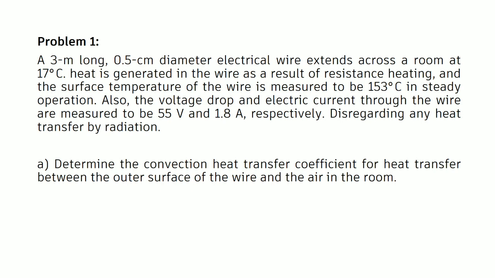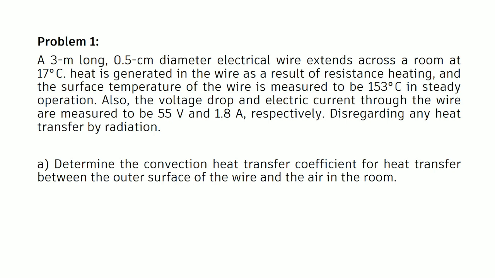For part 1 problem, a 3 meter long and 0.5 centimeter diameter electrical wire extends across a room at 17 degrees Celsius. Heat is generated in the wire as a result of resistance heating, and the surface temperature of the wire is measured to be 153 degrees Celsius in steady operation.